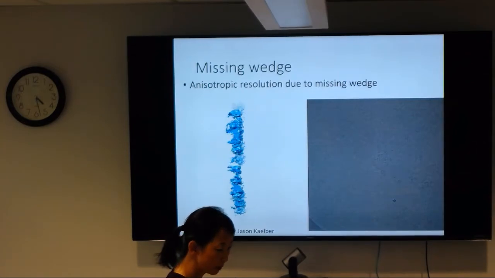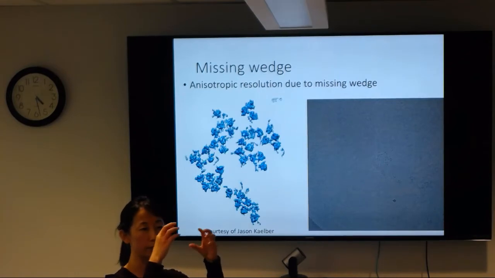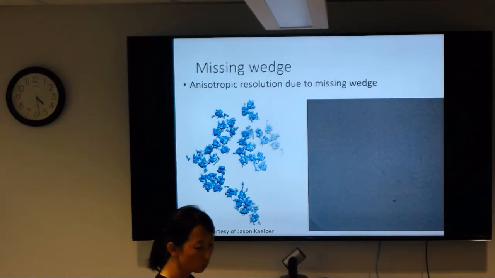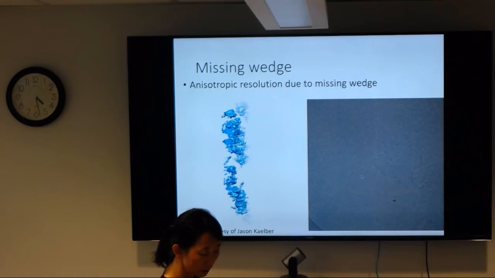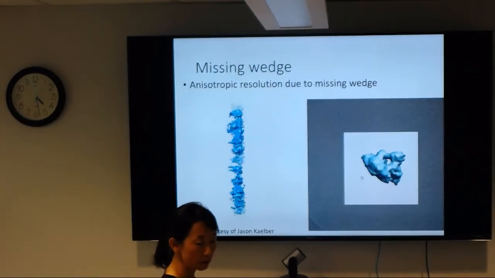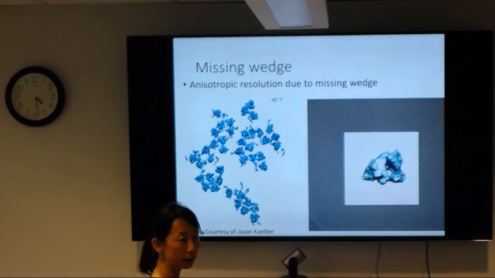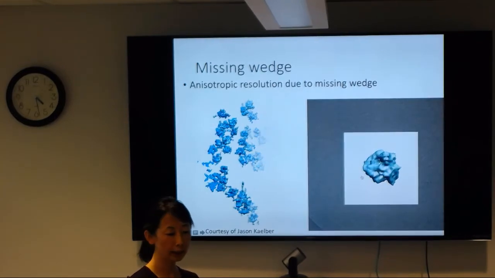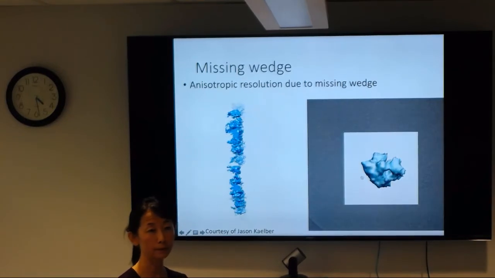But when you tilt it, you see in the Z direction a spherical object become a football because of the missing information. From exactly the same data, you can cut out individual particles and do subtomogram averaging. After alignment, you are able to compensate for the missing wedge, and from the subtomogram averaging you don't have that artifact anymore.